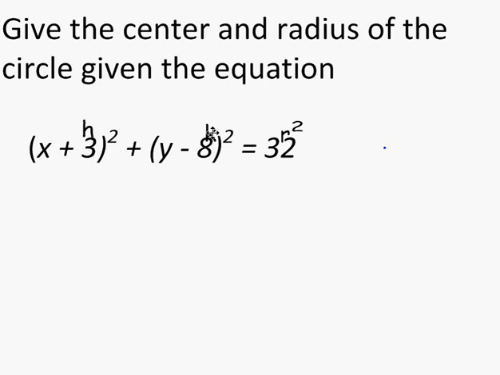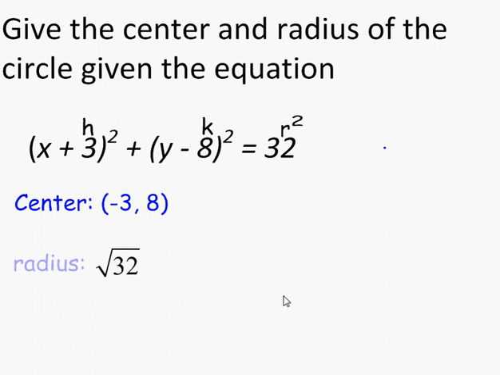So if we want the center, we got to change the signs of h and k. So the center is -3, positive 8. And to get the radius, we got to take the square root of r squared. So the radius is the square root of 32. Which you can also simplify. Radical 32 is equal to, what's that equal to? 4 radical 2.